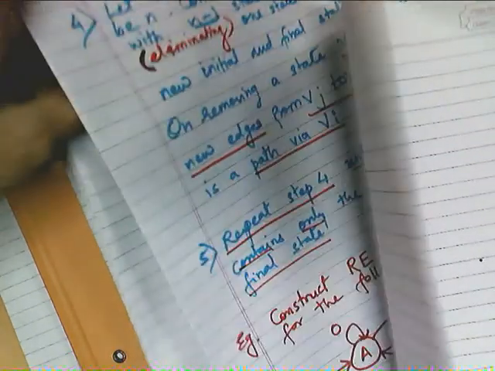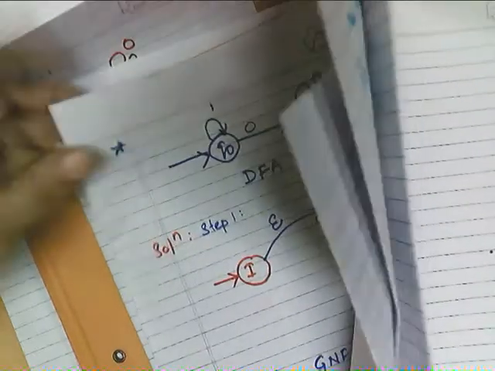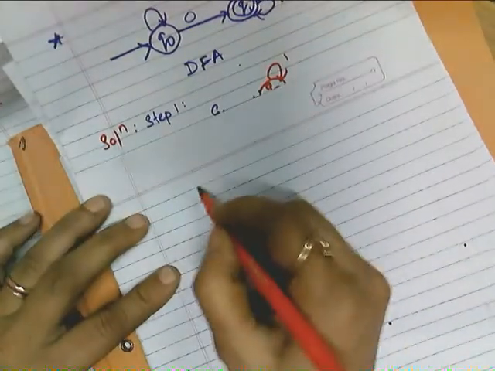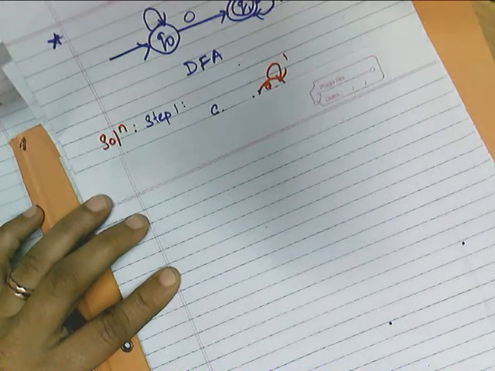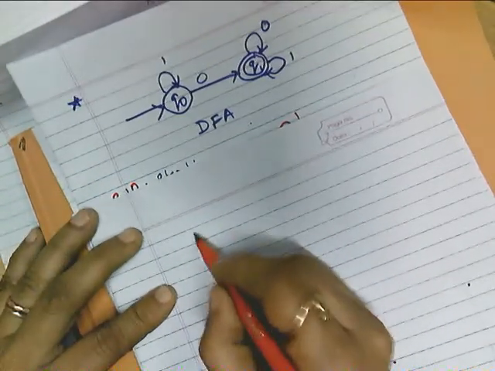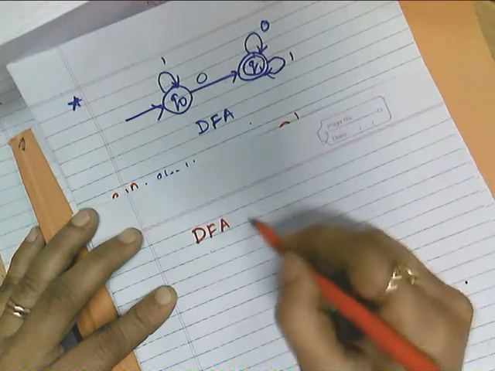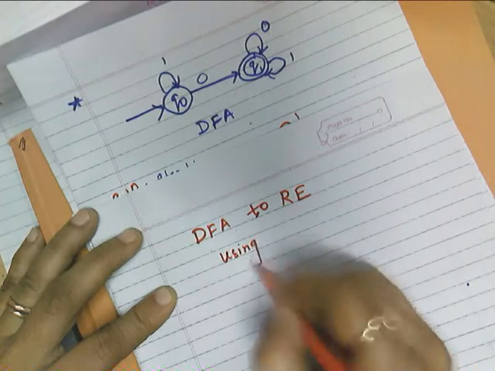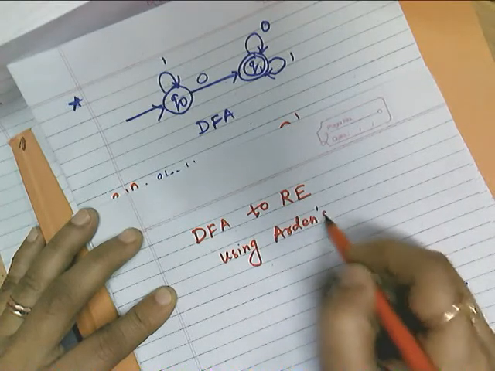We'll try this simple problem first, and then we will see whether we will be able to get the same expression using Arden's theorem or not. DFA to RE using Arden's theorem.